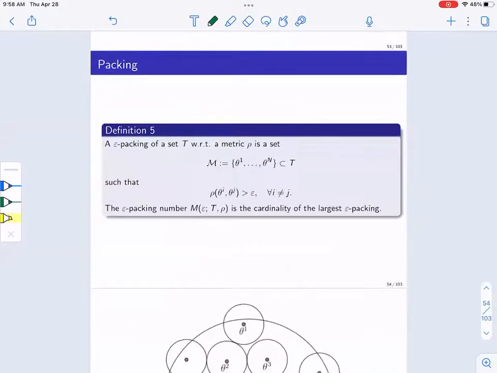An epsilon packing of a set T with respect to a metric rho is a set of points such that for every pair of distinct points, the distance is at least epsilon. Sometimes this set is called an epsilon separated set.